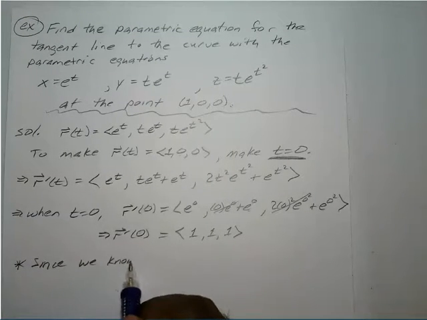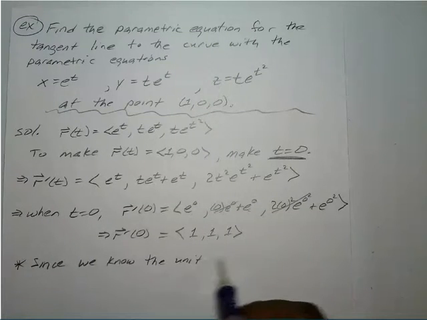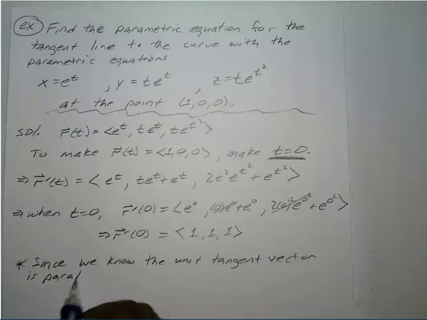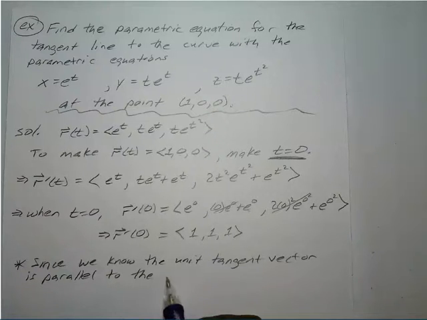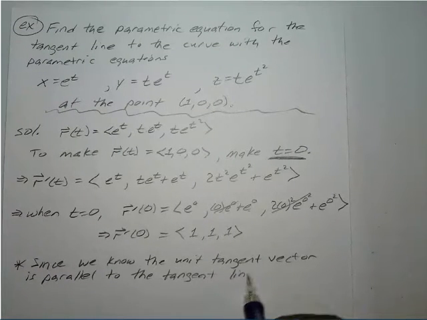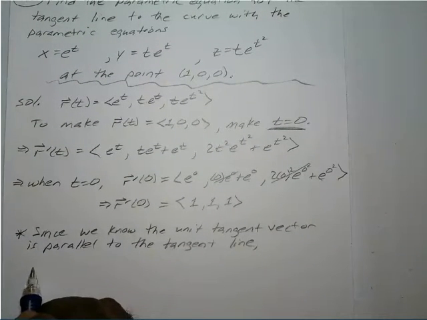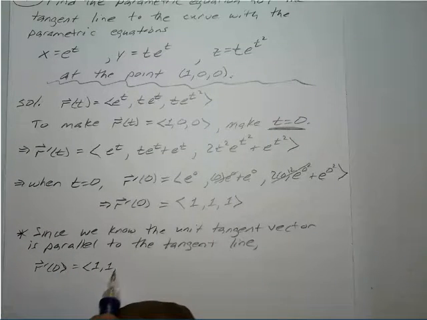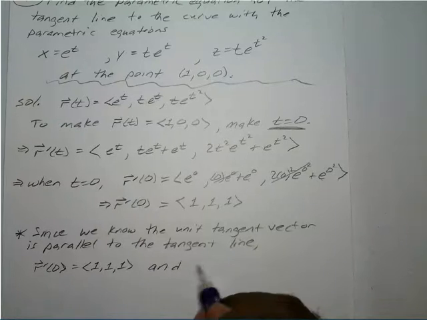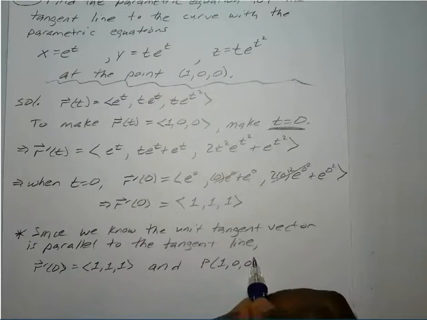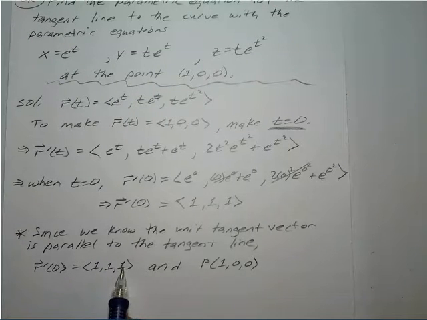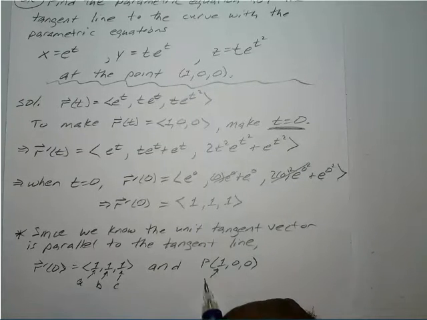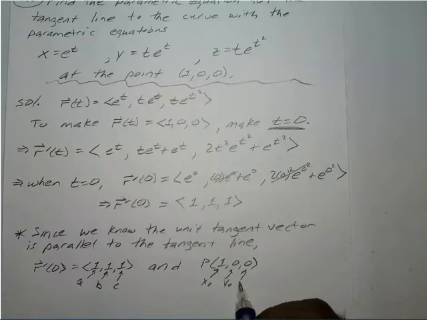Since we know the unit tangent vector is parallel to the tangent line, that means for our r prime at 0, which is 1, 1, 1, and our original point, which is 1, 0, 0, we know that this is our A, our B, and our C, and this is our x0, y0, and z0.